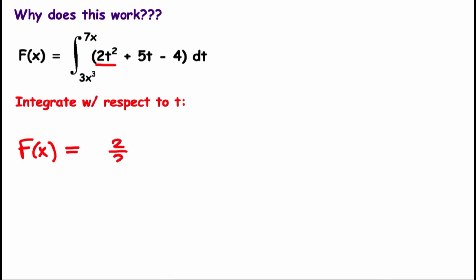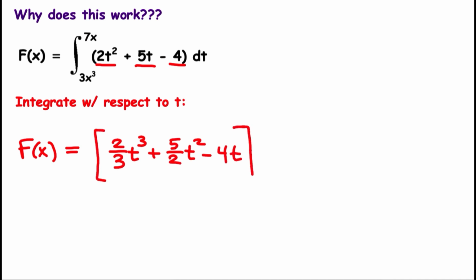Oh, this is already going to be nasty. Oh my gosh, why am I proving this? Plus 5/2 t squared. Maybe I should just memorize the 4-step method instead. Minus 4t. Okay, it's been integrated. Yay.